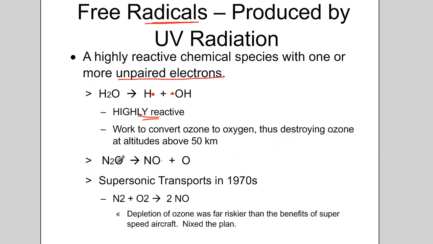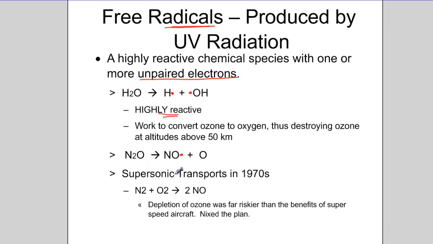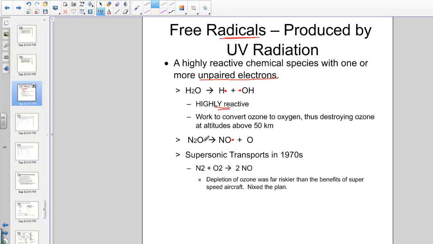So for instance, nitrogen monoxide produces a radical. NO is a radical. And certain UV radiation will cause the molecule to break apart. So the two ends separate from the O and we come up with a radical. And this was going on in the 1970s. This is just reading from your text.